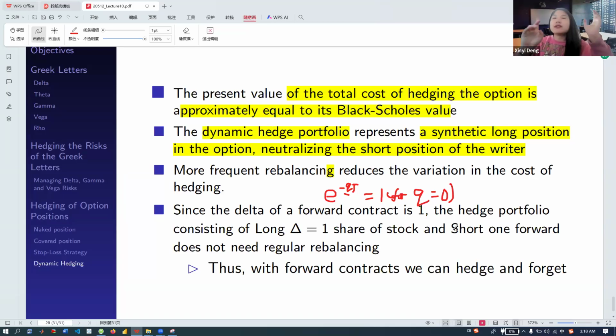Since for both the forward contract that we are shorting and the stock we use to hedge, their deltas are constant at one, such a hedging portfolio does not require regular rebalancing. So with forward contracts, if we don't have dividend yield on the underlying, we can just hedge and forget.